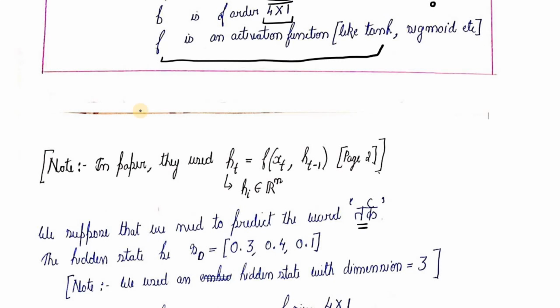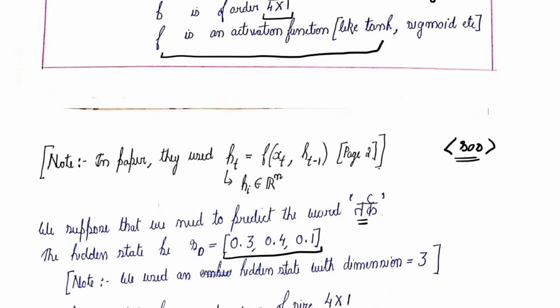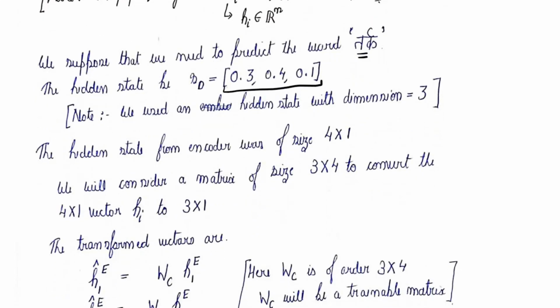We say that the start word corresponding to Hindi is the start of sentence, and the hidden state at the start of sentence is this. We consider that the hidden state corresponding to the Hindi translation has 3 nodes, and hence a vector having 3 components. Now we need to predict this word in the first place. So this is how we will proceed.